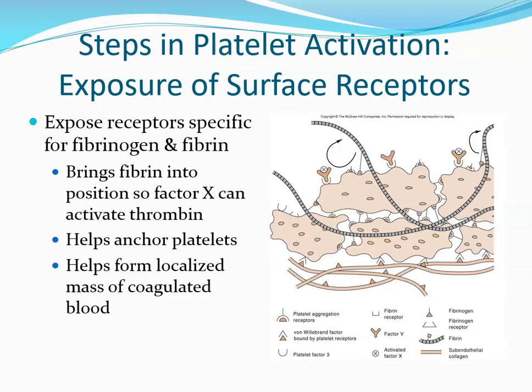It also exposes receptors that are specific for fibrinogen and fibrin. You can see them here, fibrinogen receptors and a fibrin receptor. This will bring the fibrin into position so that factor 10 can activate the thrombin. This helps to anchor the platelets and to form a very localized mass of coagulated blood.